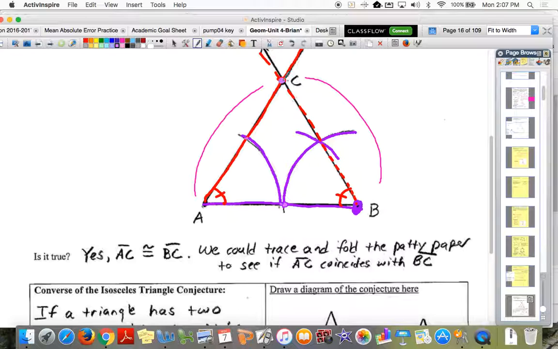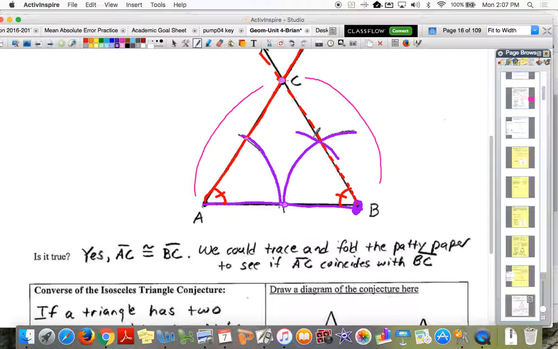and we'll call that point C. So the question is, if we have two angles in a triangle that are congruent, does that automatically make this triangle isosceles? Well, if you now take out your ruler and measure the two sides of your triangle, right here and right here, the two legs, we will find that indeed these two sides are congruent to each other.